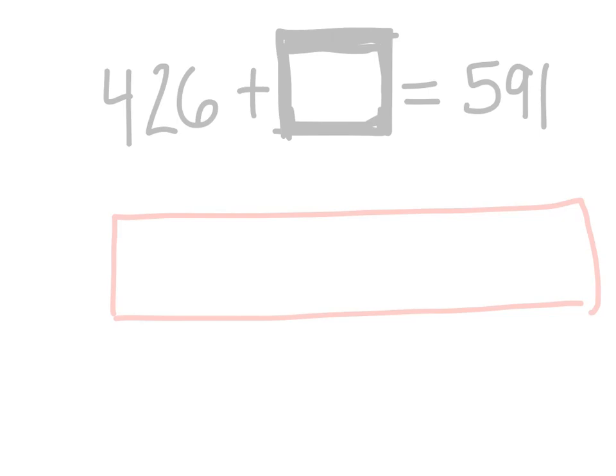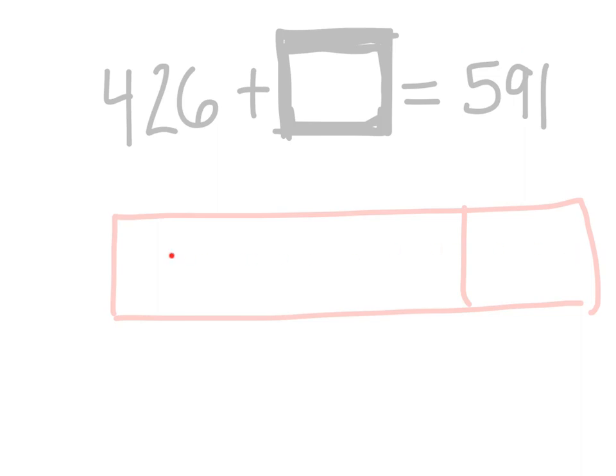It's a bar model, and this kind of bar model is called a part whole. There are two parts and a whole, and that's really helpful because this is an addition problem, and in every addition problem we have a part and another part, and together all the parts make up a whole.